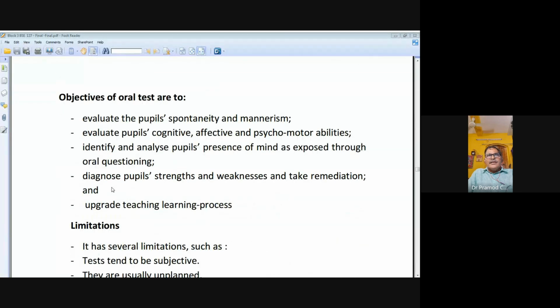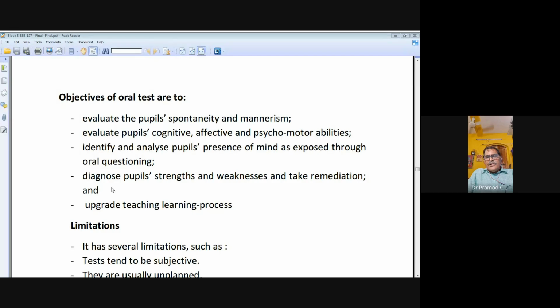But the objective of the oral test is to estimate how the learner is able to speak fluently and spontaneously, expressing thoughts and feelings. The learner has knowledge, that is cognitive, affective understanding, and skill.